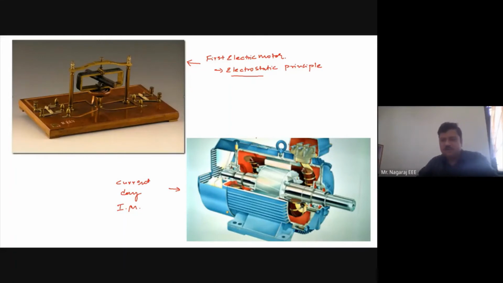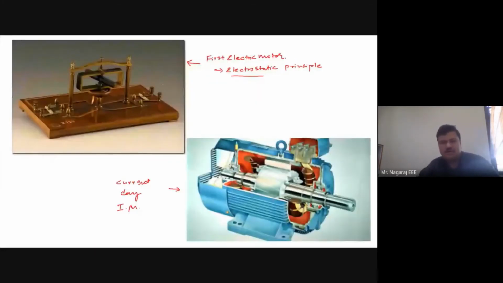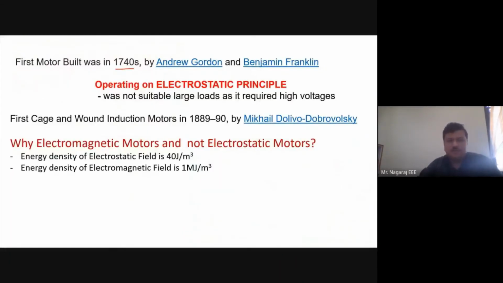Now, what is the history of motors? The first motor was built in the 1740s, in the early 18th century, by Andrew Gordon and Benjamin Franklin. What I showed you is a Franklin model of an electrostatic motor, which was operating. It is not a concept, it was an operating motor. It was built in the 1740s, and the current model of induction motor was built in the 1890s.